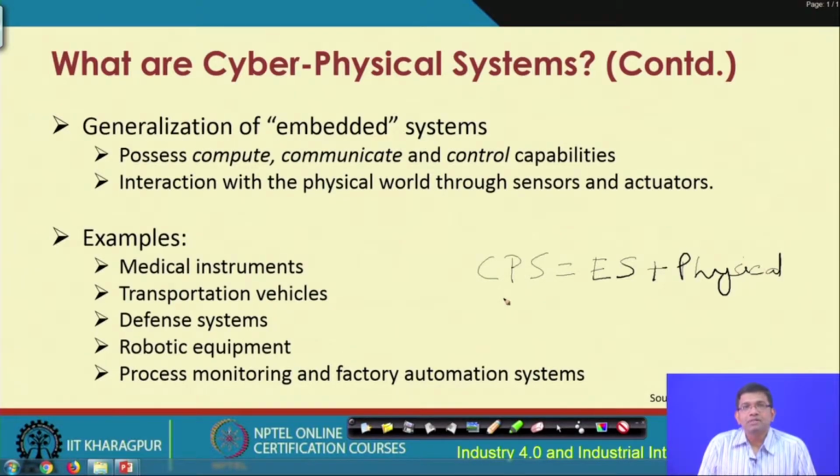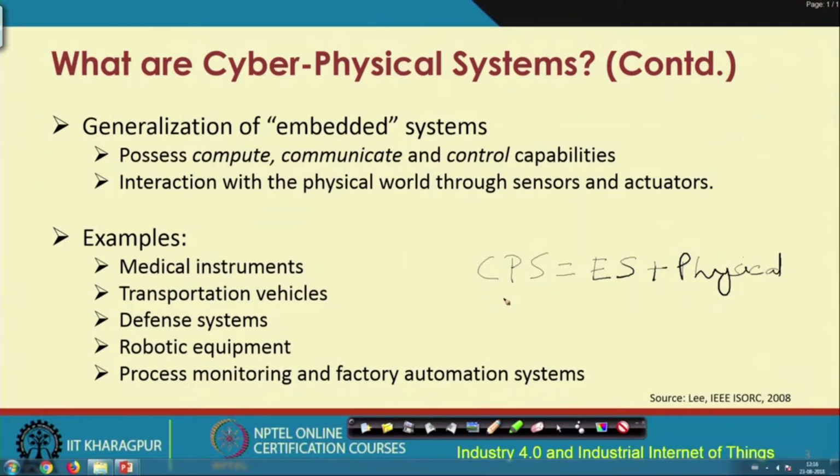Many medical instruments have embedded systems in them. Transportation vehicles, defense systems, many of these have embedded systems in them. For example, the radar and different other systems that are used, even the aircrafts, all have different embedded systems in them. Robotic equipment likewise, process monitoring and factory automation systems, all of these have embedded systems in them. So, this is the cyber physical system.